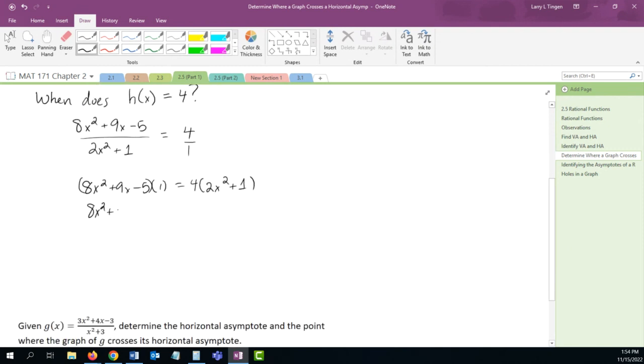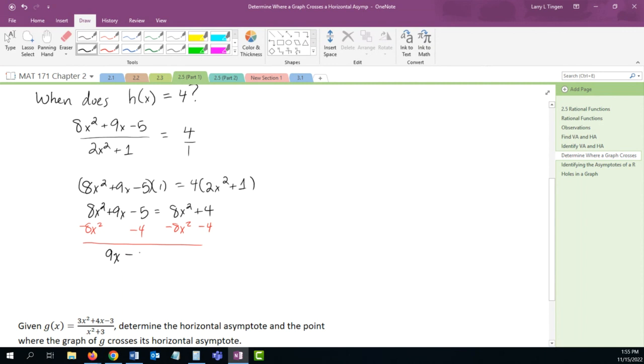This side doesn't change. And then on the right, it's 8x squared plus 4. Okay. Combine like terms. Subtract 8x squared from both sides. I'm going to get everything on the same side. Get that plus 4 to go away by doing minus 4. 8x squared minus 8x squared is 0. 9x minus 0 is 9x.